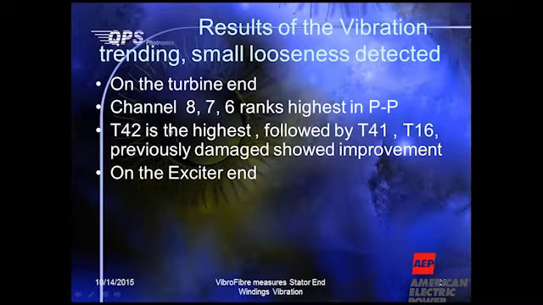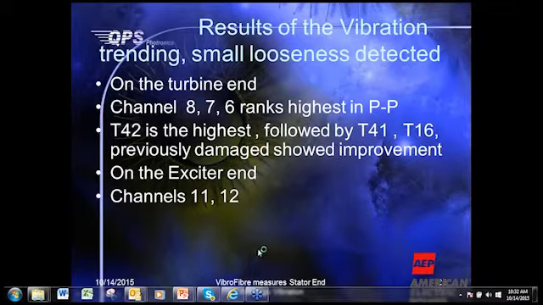In fact, if you look at all the channels, referring to channels 8, 7, and 6, which are T42, T41, and T16, they are still showing some vibration, but the peak-to-peak amplitude is well within the tolerance.